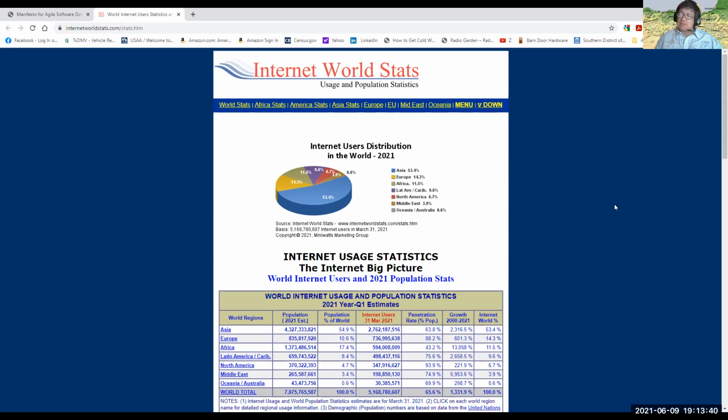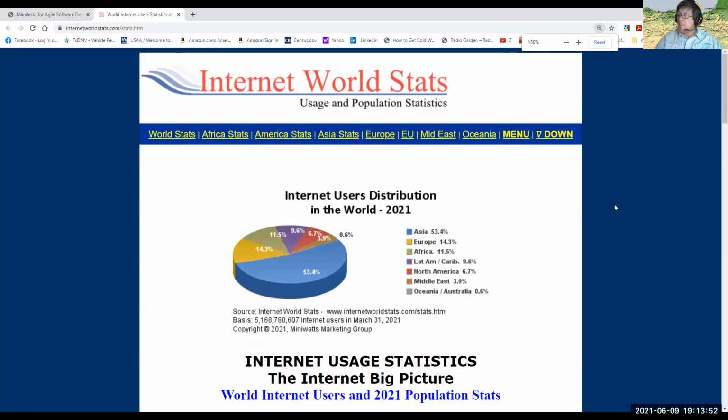And this is interesting because these are statistics as of the first quarter of 2021. 53% of the users of the world are in Asia. 14% in Europe. 11% in Africa. 9.6% in Latin America. North America, Canada and the United States, 6.7%.